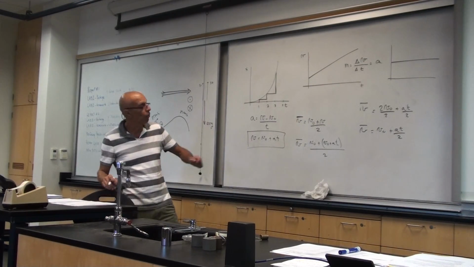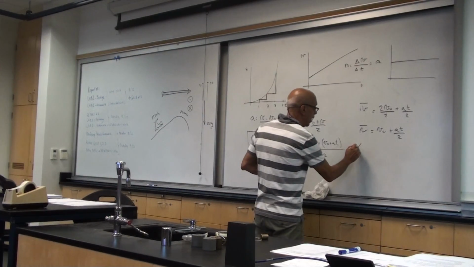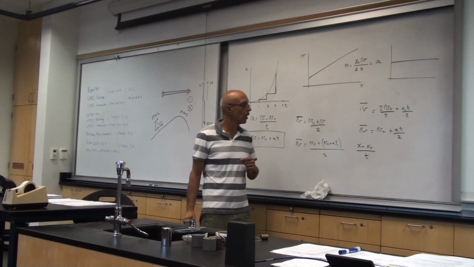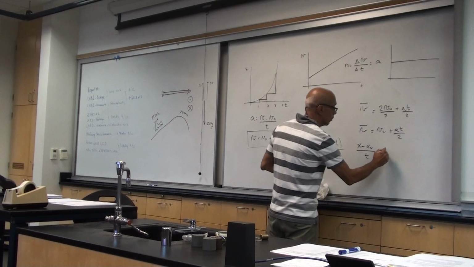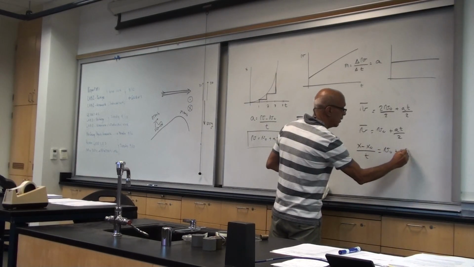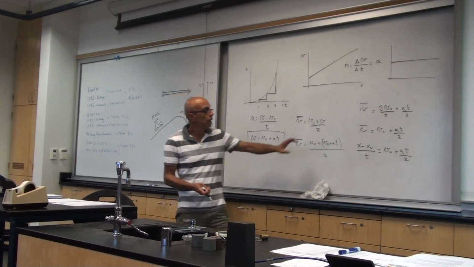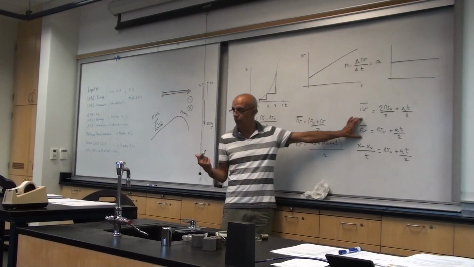And what do I do now? Well, V bar is going to be X minus X0 divided by T, equals V0 plus AT divided by 2. I just substitute this formula from the one we already had.